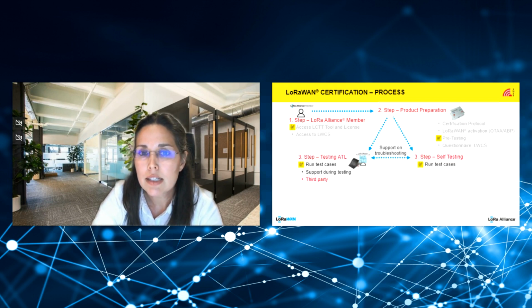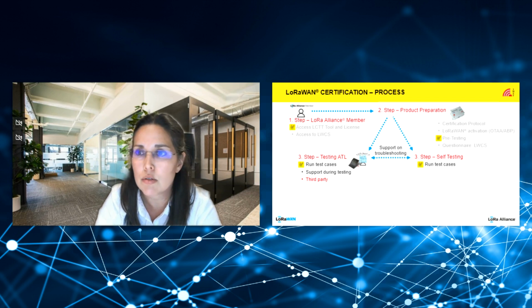As a next step, we recommend going through an authorized test house, which will be able to run all the test cases, and this ensures a third-party certification. You will also get full support during the testing, with tips about problems and how to solve them.